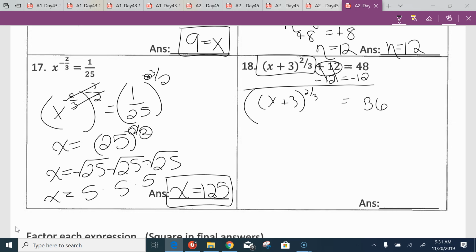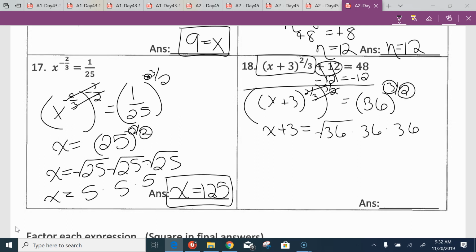Now you take everything to the reciprocal, 3 halves here, 3 halves here. Cancels out, and I have x plus 3. Then I have 3 groups of 36, so 36 times 36 times 36, taken to the square root.